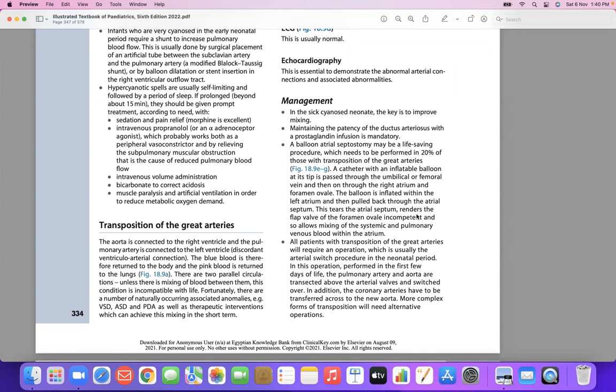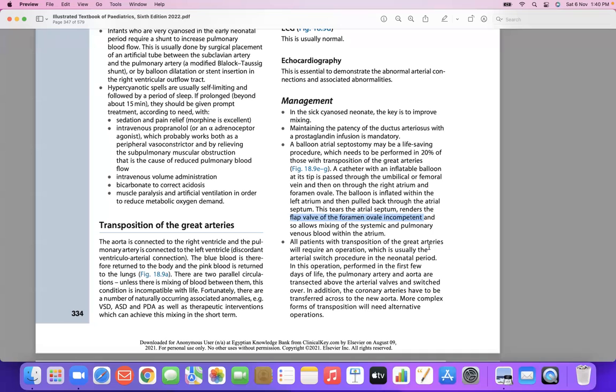This tears the atrial septum and renders the flap valve of the foramen ovale incompetent. Making the flap valve incompetent will help in mixing, and so allows mixing of the systemic and pulmonary venous blood in the atrium.